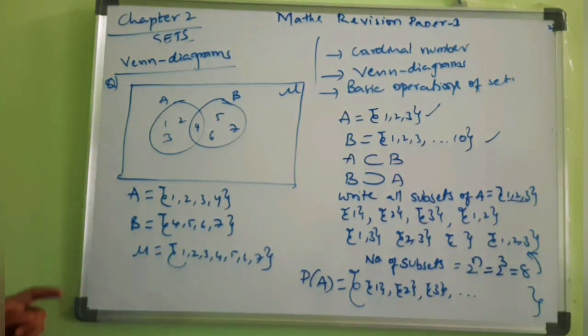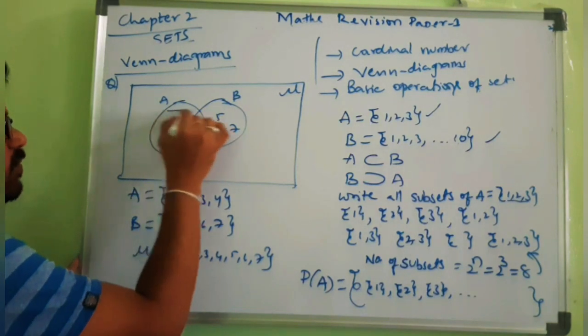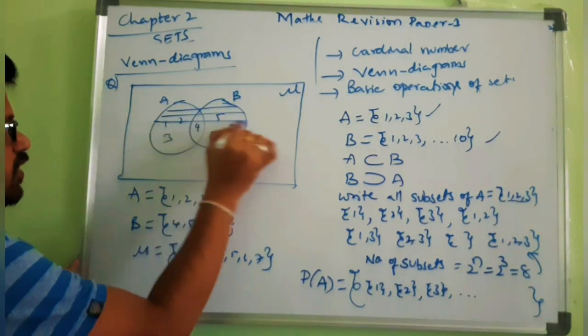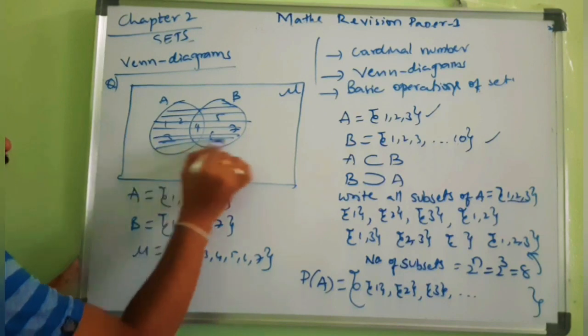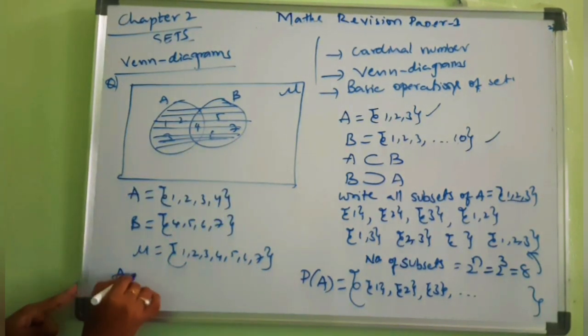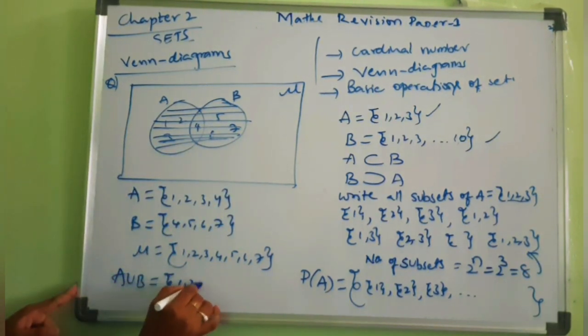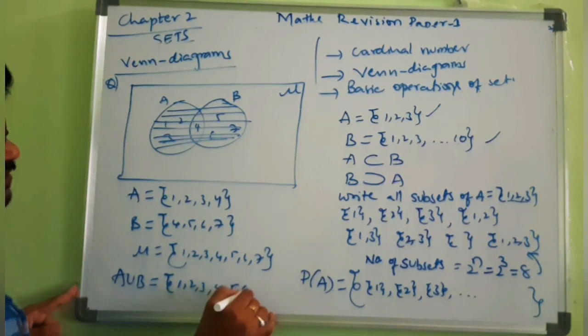Okay. So here if you observe, what is A union B? A union B means elements belonging to A or B, all the elements. So A union B is equal to 1, 2, 3, 4, 5, 6, 7.